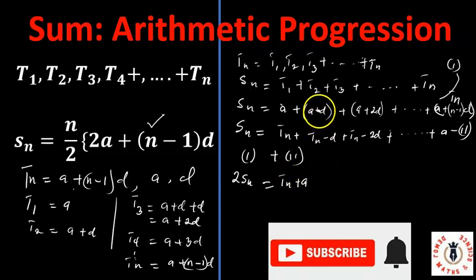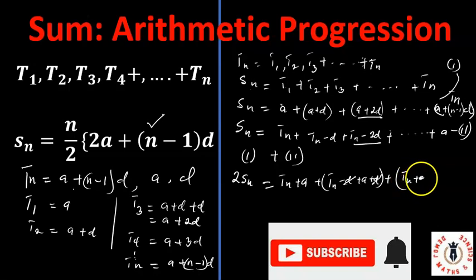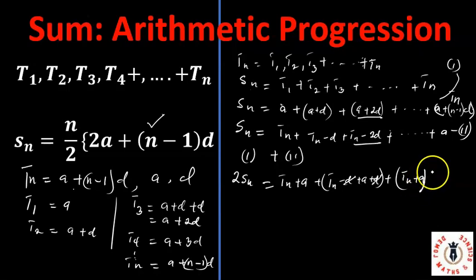Now, if I'm adding the second one, a plus d plus Tn minus d, minus d gives way, plus d gives way, and I have Tn plus a. If you look at it carefully, when I'm adding the third term, the same thing repeats itself. I'll still have my Tn plus a. It has repeated itself that way. You continue with that until even the last term.